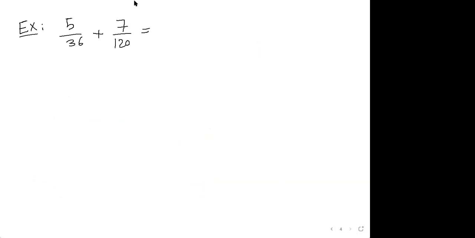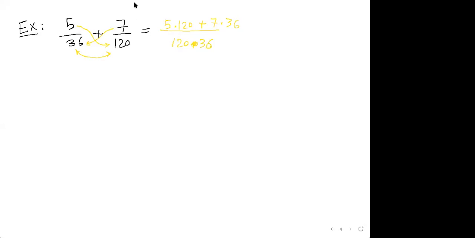So when you cross multiply, 5 times 120 plus 5 times 36 and 120 times 36, they give me a huge number.